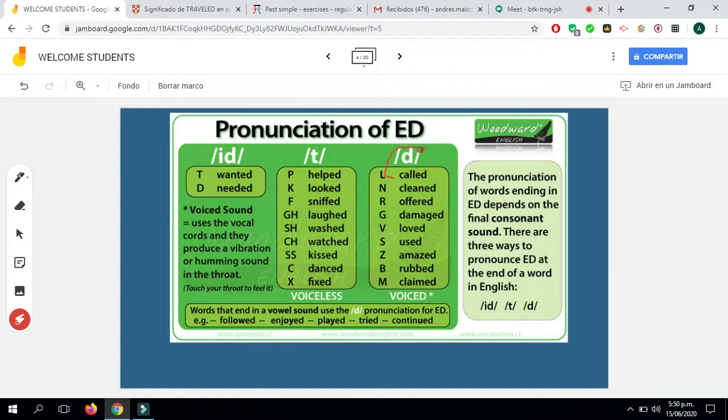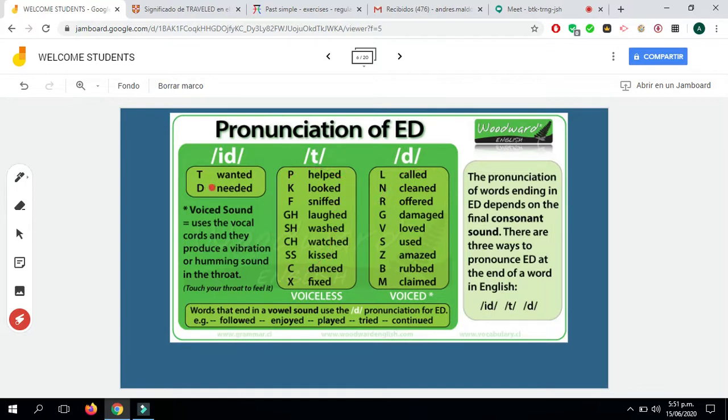Y por eso es que la gente en el extranjero se fija y se da cuenta cuando pronunciamos bien o no en inglés los verbos en pasado. That is why it's really, really important that we practice this. All of these, guys, you think, oh my goodness, teacher, there are many consonants that we need to study. No, it doesn't matter. It's just practice, and if you practice and practice, your pronunciation is going to improve.